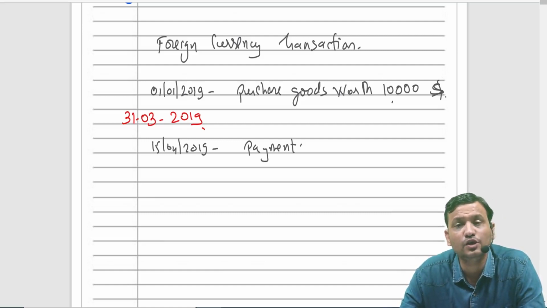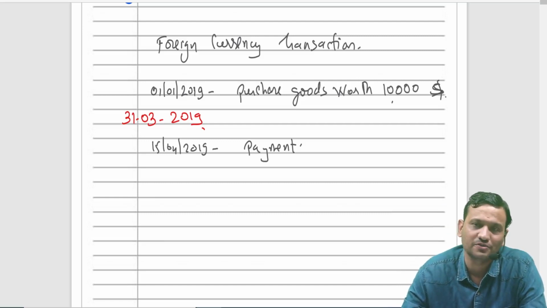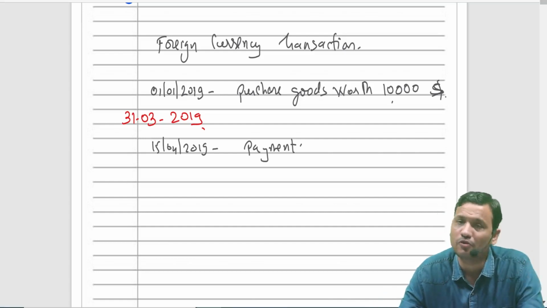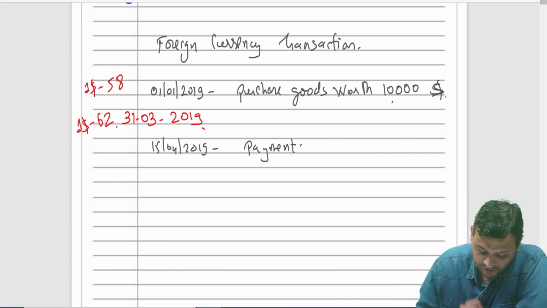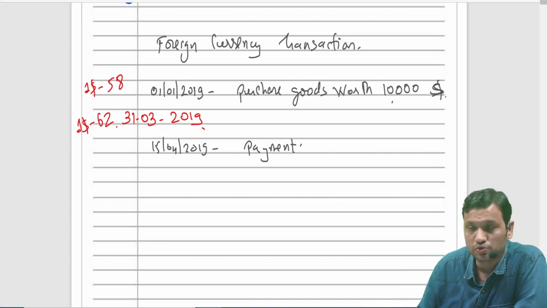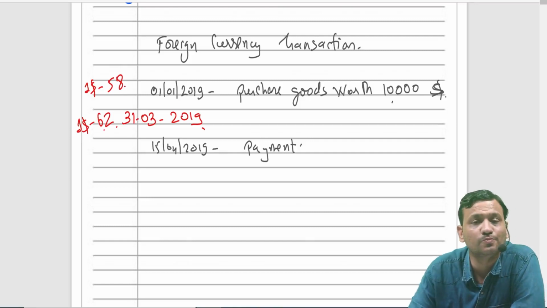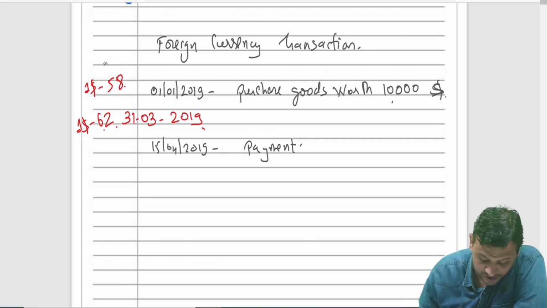So it will lead to either gain or loss, referred to as foreign currency fluctuations. These foreign currency fluctuations will be transferred to profit or loss account. Say the initial rate is 58 and $1 is now 62. So what do I have to do? I have to translate from 58 to 62. From 58 to 62 I have to bring.